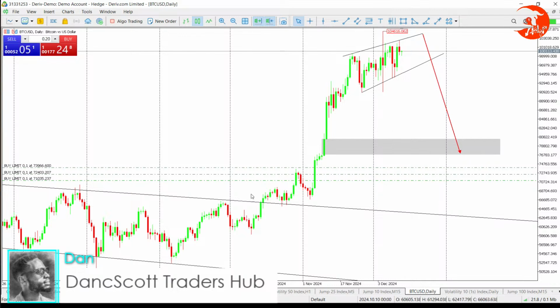Of course, we have the breaker block right here where you see my buy limits from, and there's another fair value gap right here. It's also not mitigated. So those are our two fair value gaps that imply an imbalance in the market. They are our two points of interest for the retracement.